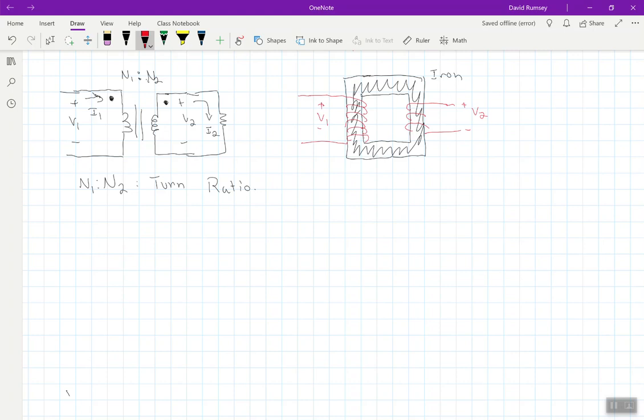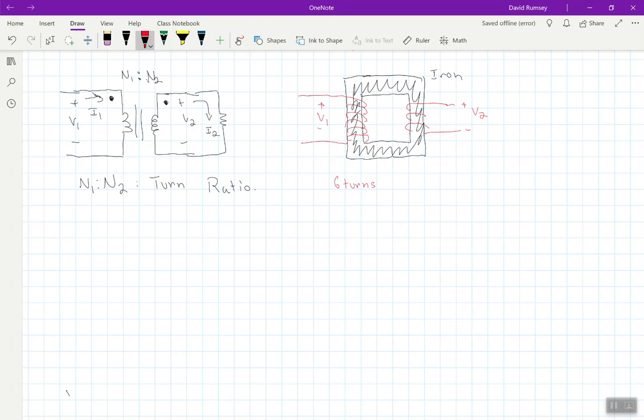Now, if you want to look at the turns here, think how many times I've wrapped around this thing. So I've wrapped around 1, 2, 3, 4, 5, 6. So I have 6 turns on the primary side, which, as far as an inductor, is not going to be good enough for a transformer, but we're just illustrating how we get these turn ratios.